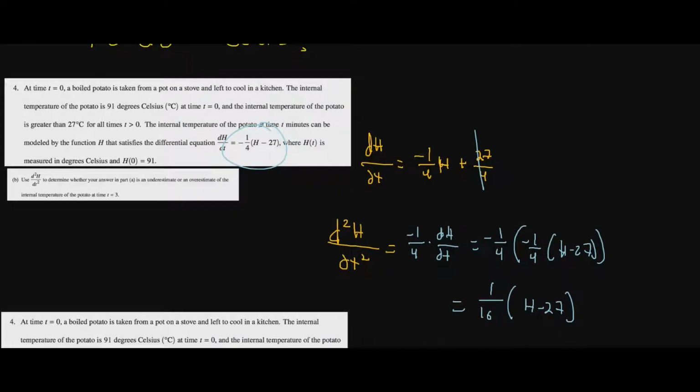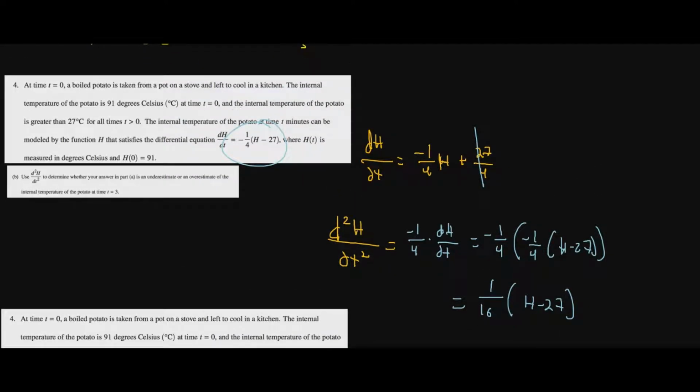And according to this problem, it says the internal temperature of the potato is greater than 27 degrees Celsius at all times, at t greater than 0. So at all times greater than 0, we have to be greater than 27 degrees Celsius. Well, if you plug in any numbers into here that's greater than 27, are you concave up or concave down? Well, try it, right? You do 29 minus 28, that's a positive. 30 minus 28, that's a positive.